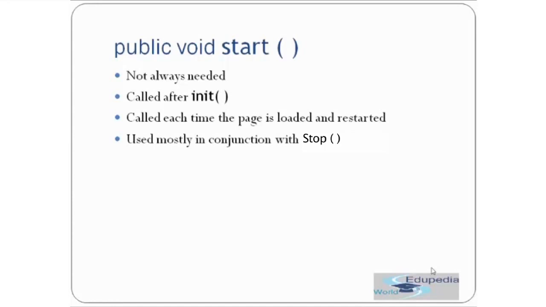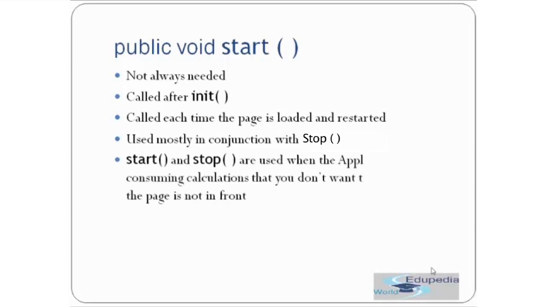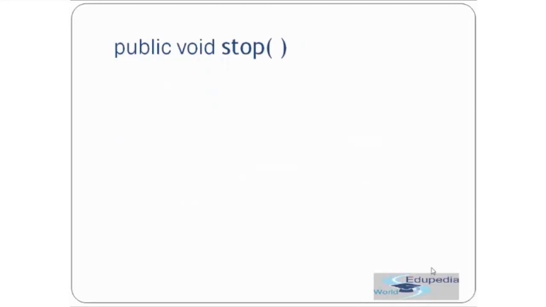Whenever you're using start, you tend to use the stop method as well. Start and stop are used when an applet is doing time-consuming calculation that you do not want to continue when the page is not in front of you. So you want to do something else and you do not want to show that, then you can use start and stop.